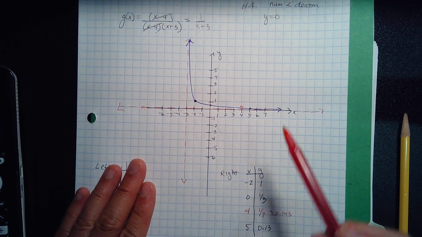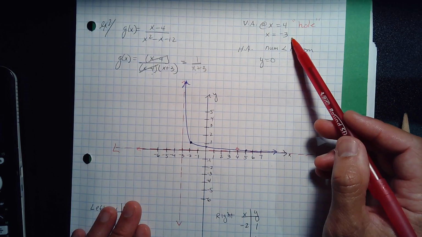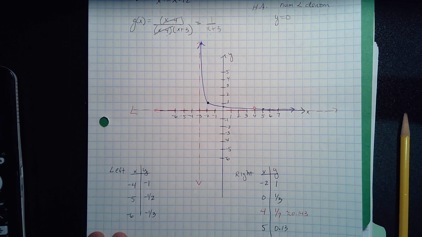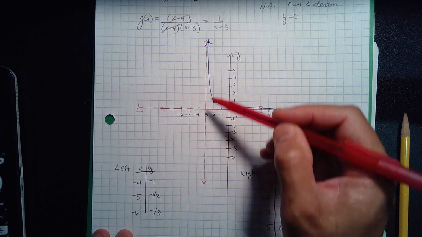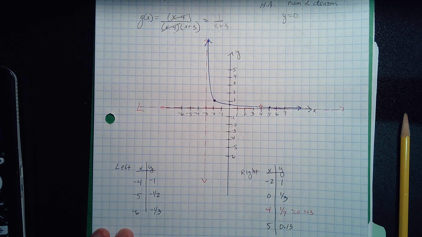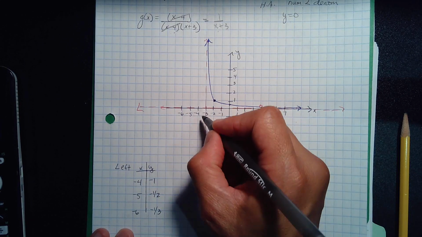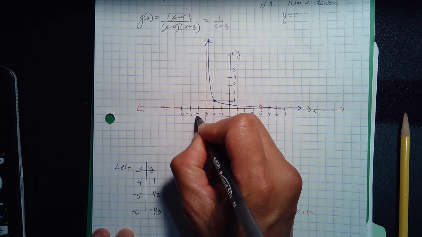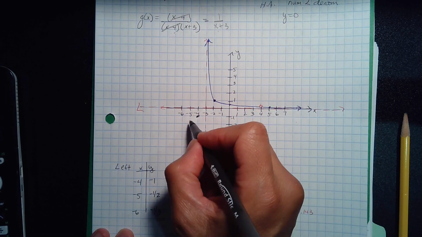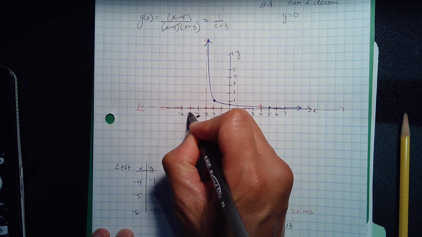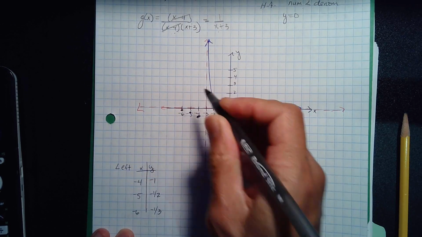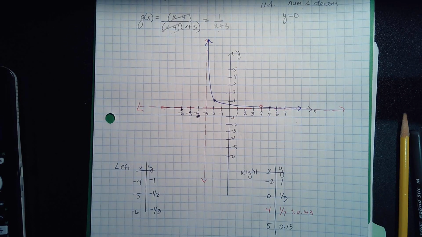I chose 4 on purpose because I wanted to see where the hole was. And I chose 5. Next, values to the left of this vertical asymptote. Negative 4, negative 5, negative 6. So negative 4, negative 1. Okay. Negative 5, negative 1/2, and negative 6, negative 1/3. So you can see it's getting closer and closer to 0.